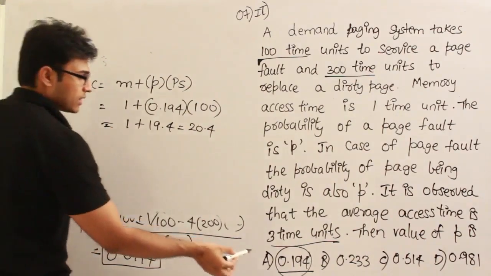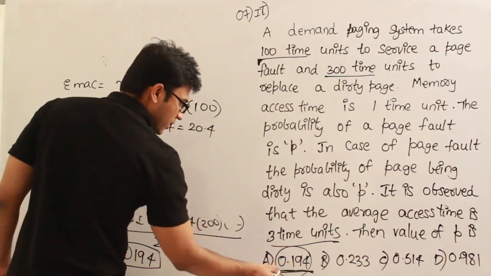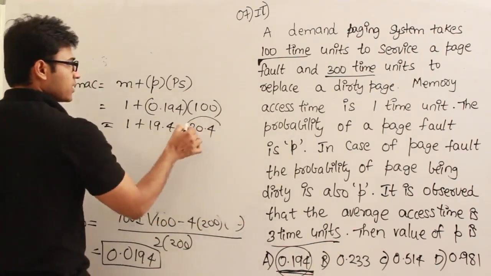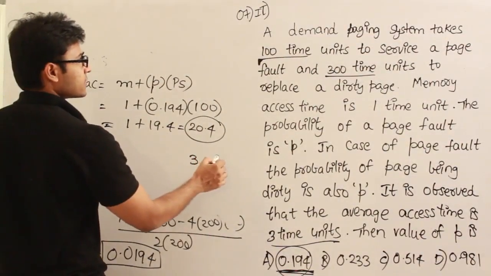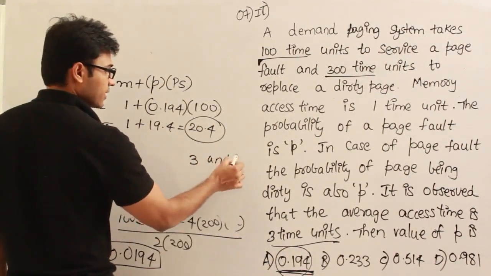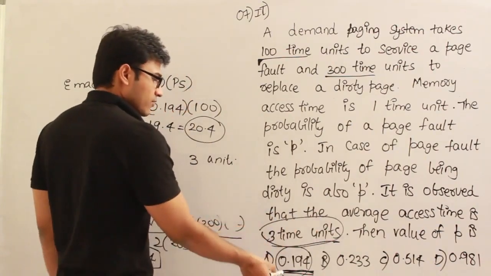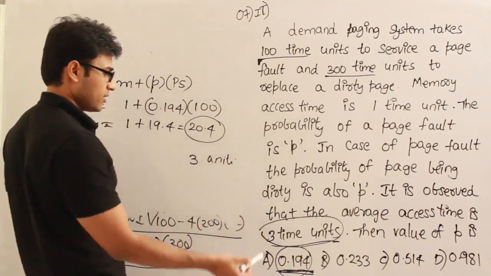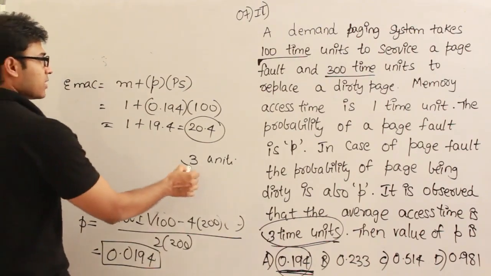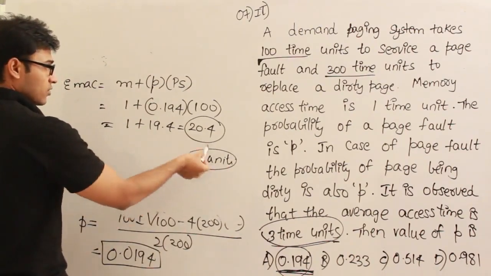So even with the lowest page fault rate possible, you will never get an average effective memory access time as 3 units. They are saying that the effective memory access time has to be 3 units, but with this option, it will never come to 3 units, right? It is not even close.